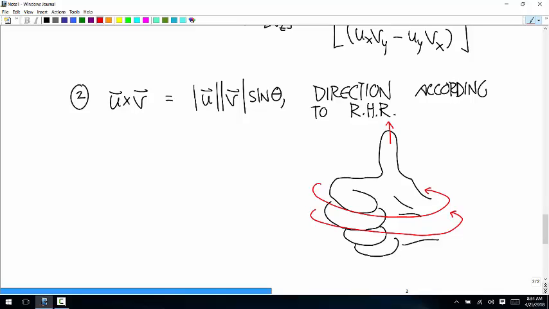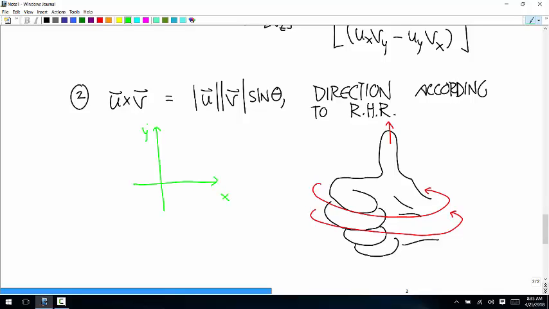Because if you have the XY plane, and you're about to see something shocking. So with angular velocity and angular acceleration, what's positive and what's negative? Positive is counterclockwise, negative is clockwise.